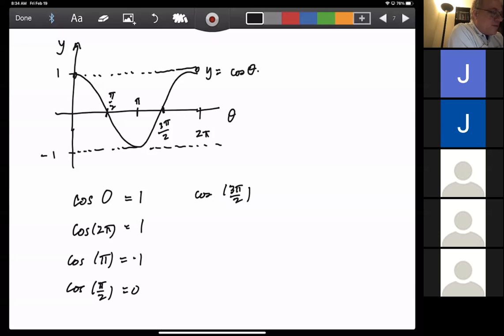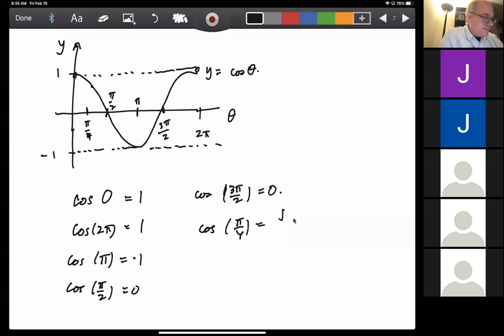Cosine of pi over 4. Does anyone remember what cosine pi over 4 is? The square root of 2 over 2.